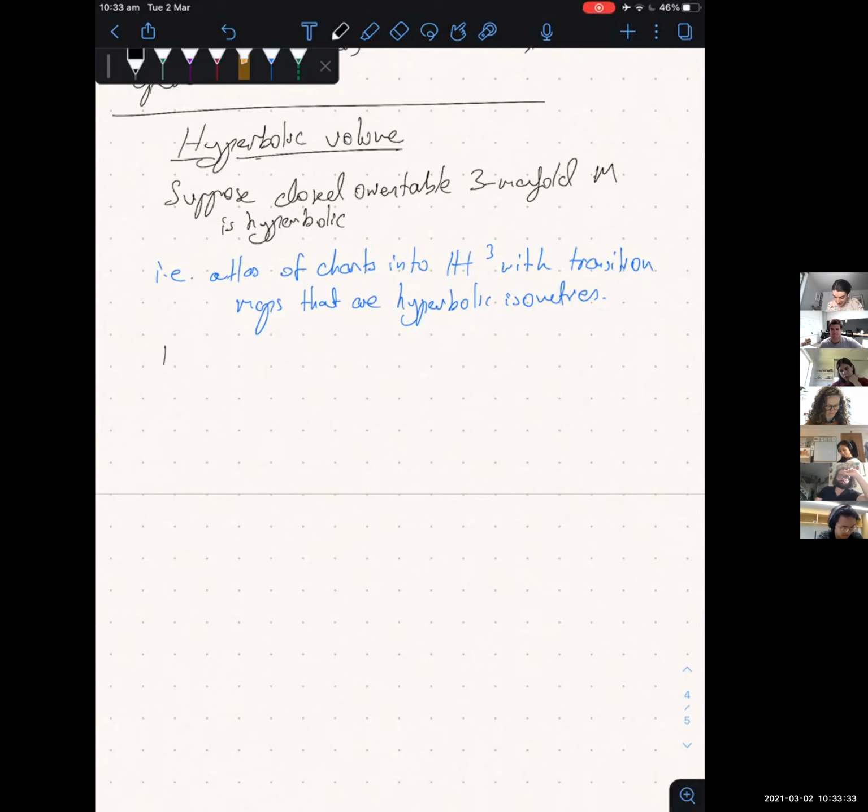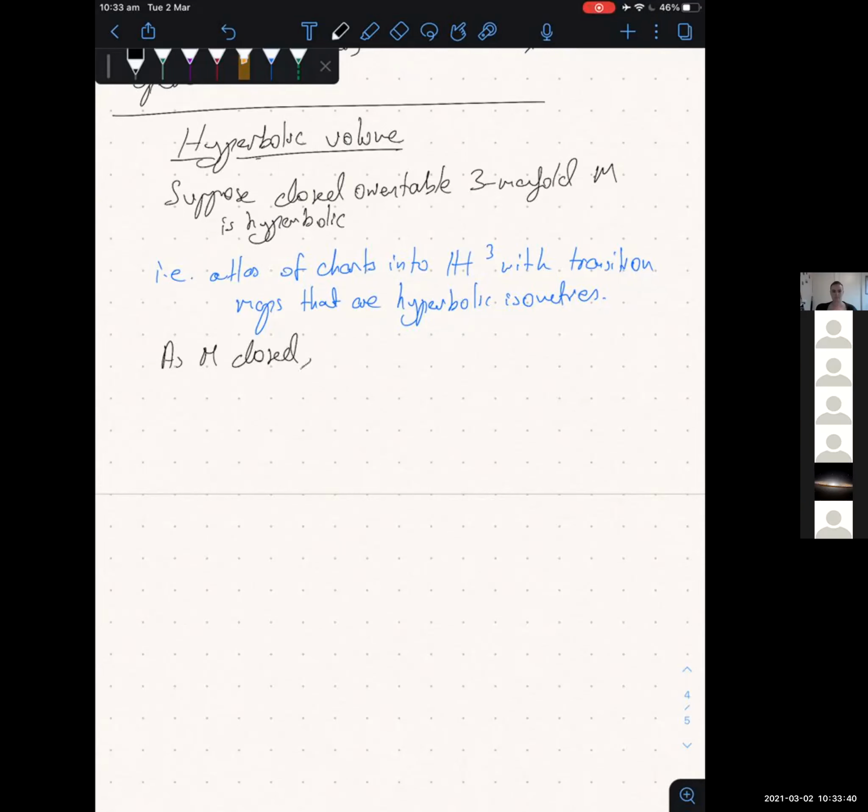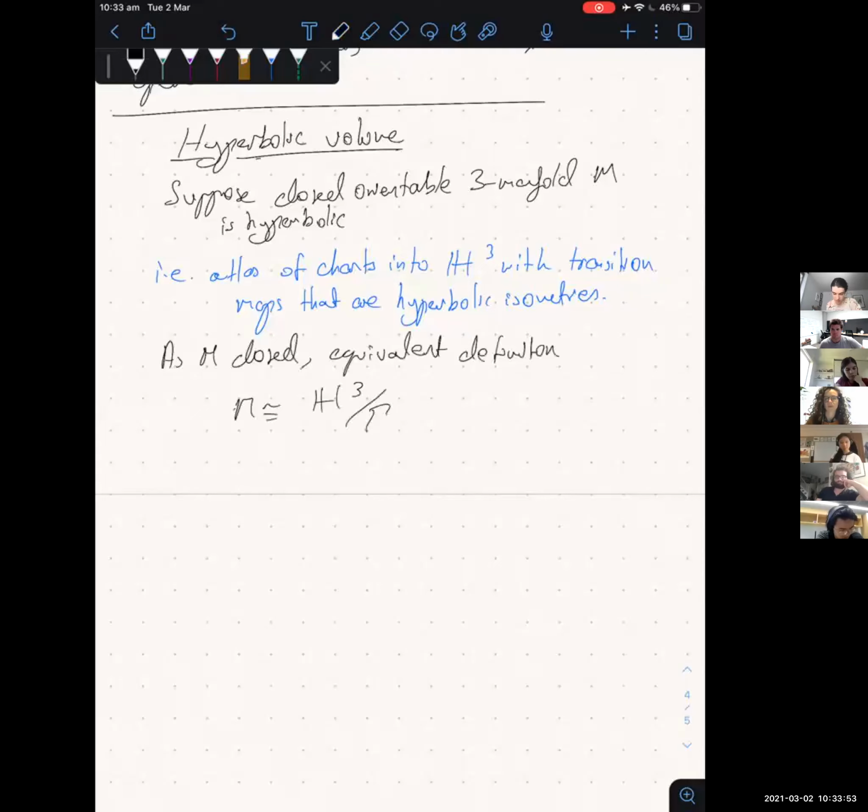As I specified that M was going to be closed, an equivalent definition is that M is homeomorphic to some quotient of hyperbolic space by a discrete lattice, where gamma is a discrete subgroup of hyperbolic 3-space isometries.